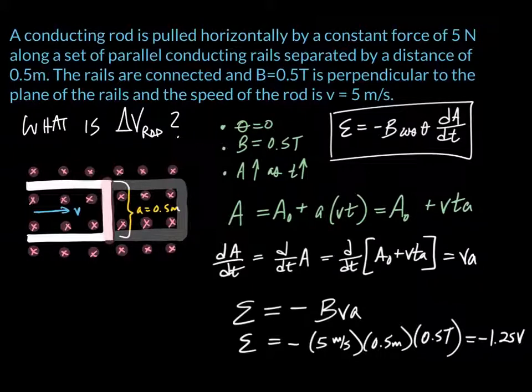Just by dragging this thing at a constant speed across these rails. Now, it's a simple enough problem to solve for. Why in the world would you do it? Well, this is partially like a railgun. You've heard of them, right?